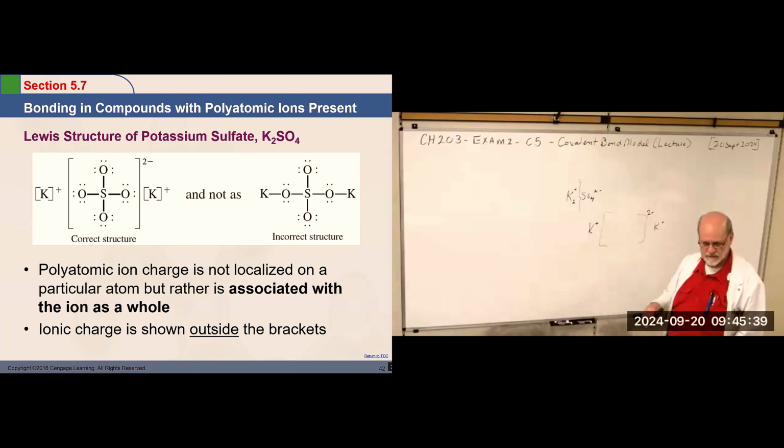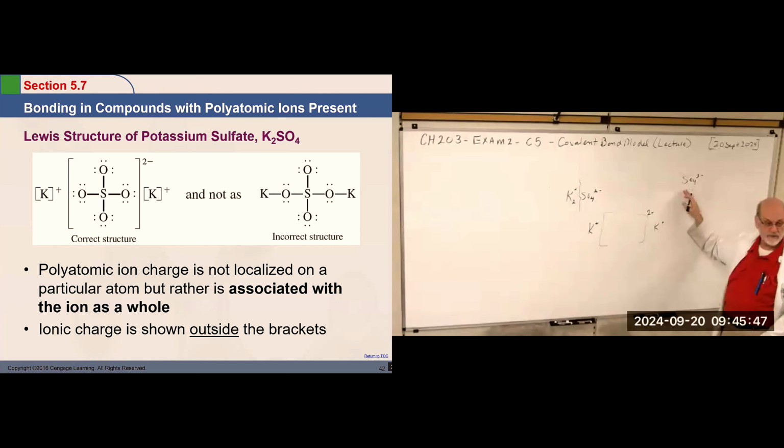So how did we get sulfate to be that? SO4 2 minus, right? Sulfur and oxygen in the same group, right? Yep, so they got 6 each. 5 times 6 is 30. But they also have 2 extra electrons distributed over that unit. So we have to add those 2 together. So now we have 32.